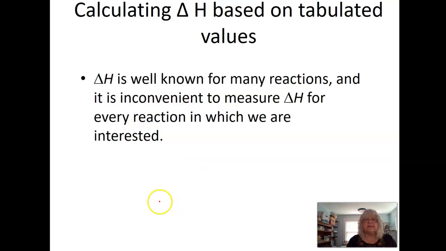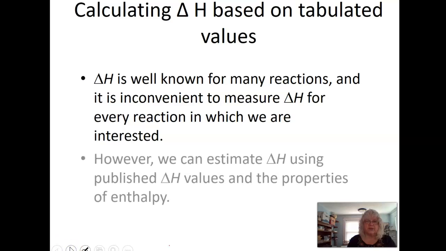If I can't carry out an experiment, one of the other things I can do is calculate delta H values based on tabulated values. There are a lot of reactions where delta H is well known, and it's convenient to determine delta H for a reaction by looking up delta H values for reactions that we've already measured.